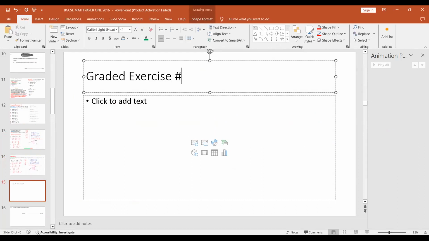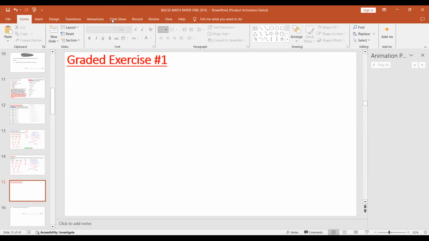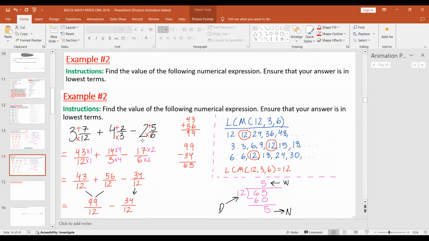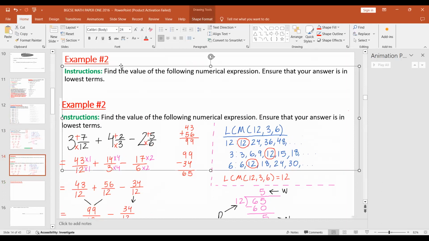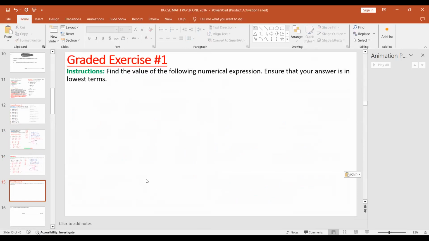Number what? Number 1. So it's going to be, all right.